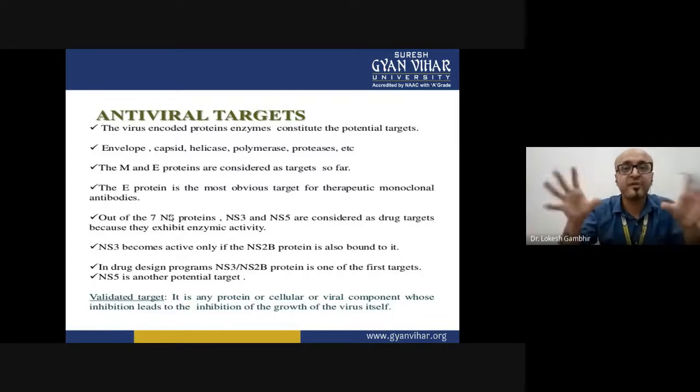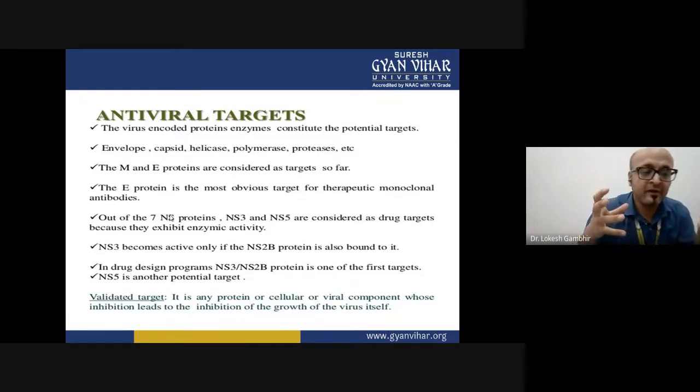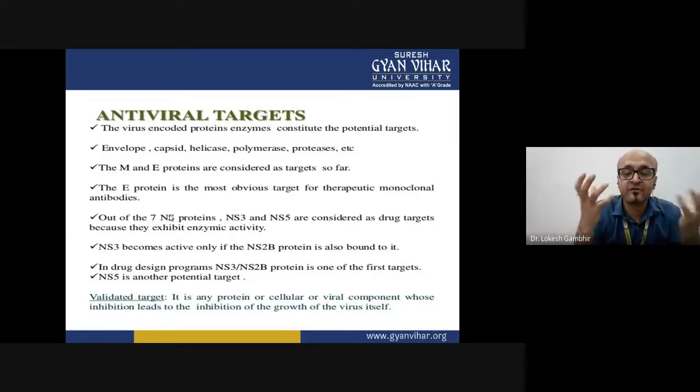At both stages, you can use them as putative targets to develop antiviral compounds. When we are talking about the drug designing program, NS3 and NS2B were the first targets used for designing the antiviral products. And then when they recognized that NS5 is the principal polymerase, they used that as a potential target, and it is currently used as a target.